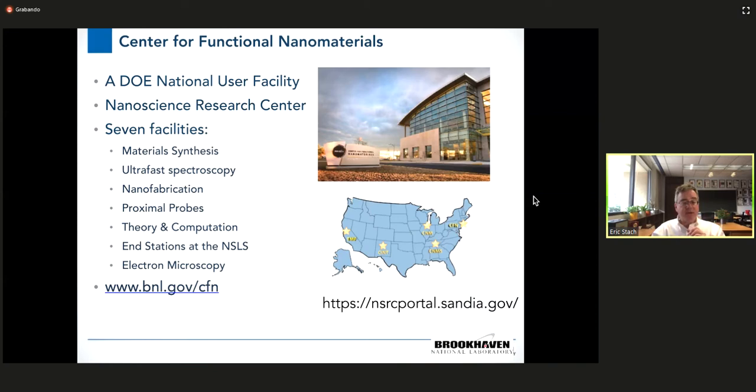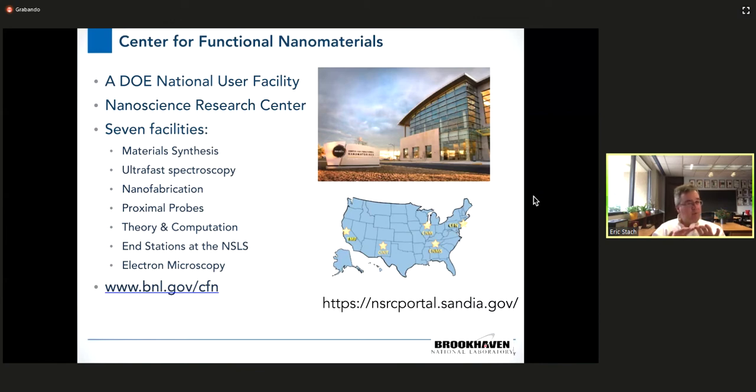In our facility, and I say "our" because I worked there some years, I don't work there anymore, but in the CFN, you have a number of different capabilities. You have material synthesis capabilities, specifically things like DNA-guided self-assembly. We have capabilities there for ultra-fast spectroscopy, full nanofabrication facility, including electron beam lithography. There's a facility for so-called proximal probes, like scanning tunneling microscopy, low-energy electron microscopy.